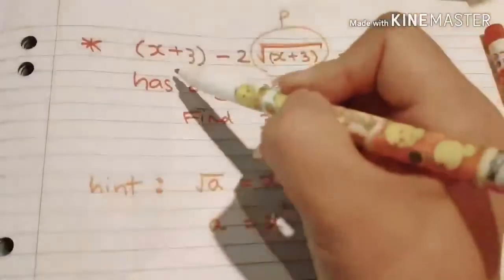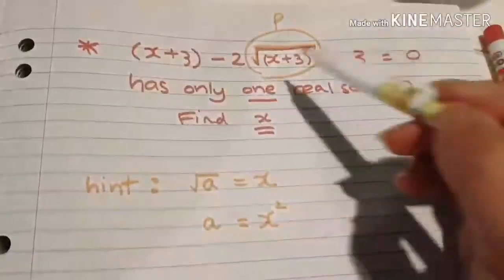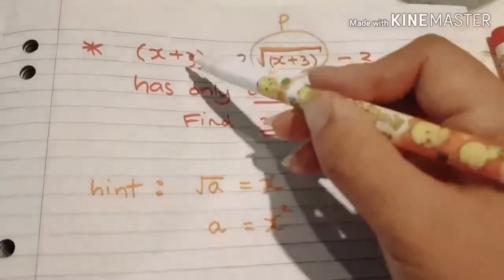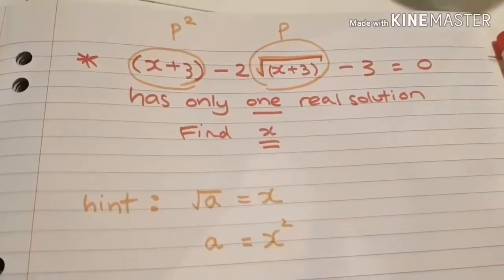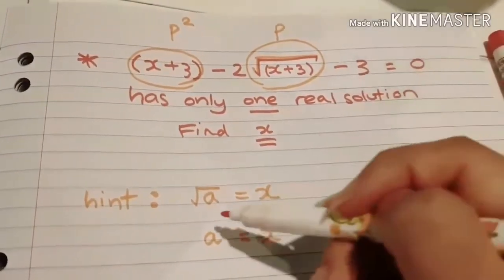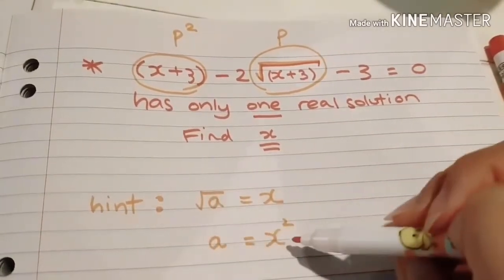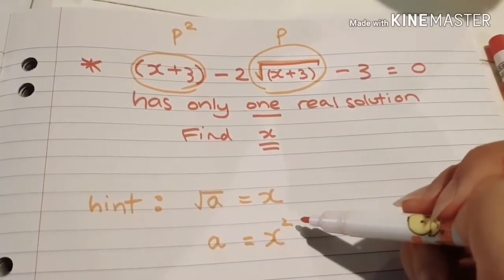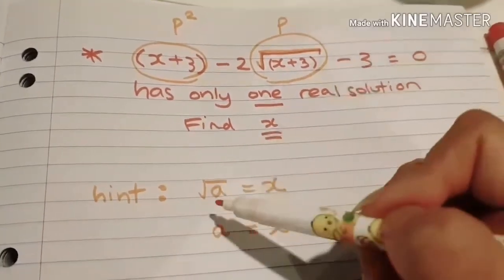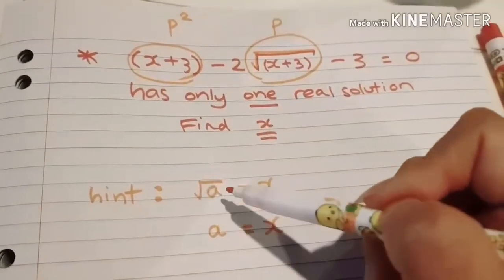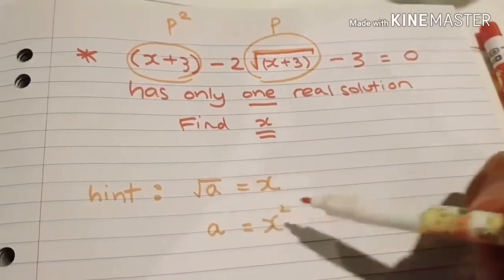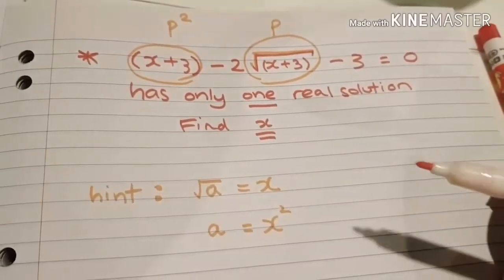Then what should I say this one is? If this is p, what will be that one? p squared, isn't it? Because square root of a, I let it be x, so the normal a will be x to the power of 2.